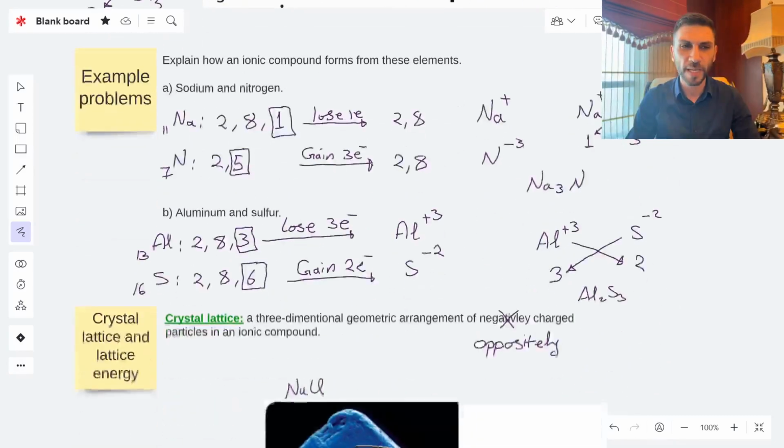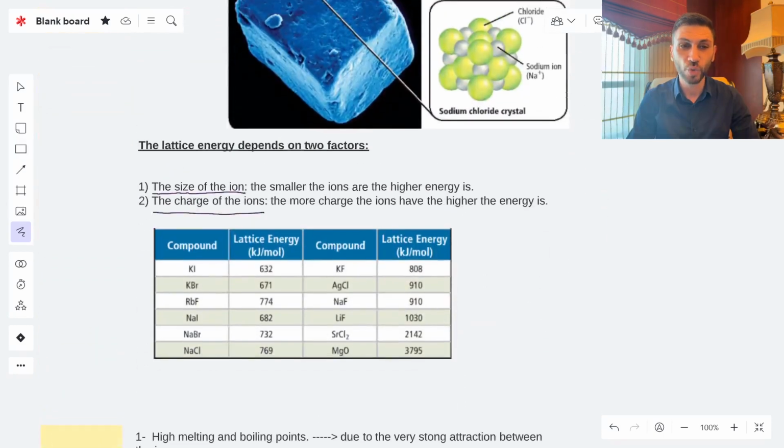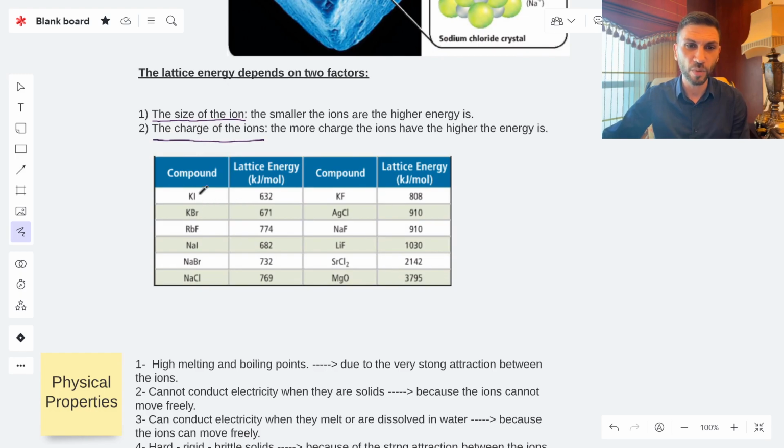So the crystal lattice energy depends on two factors. The size of the ions: the smaller the ions are, the higher the energy is. And the charge of the ions: the more charge the ions have, the higher the energy is. If you take a look at this table, you will find, for example, KI, K is positive 1 and I is negative 1.